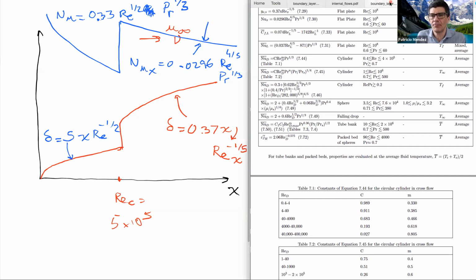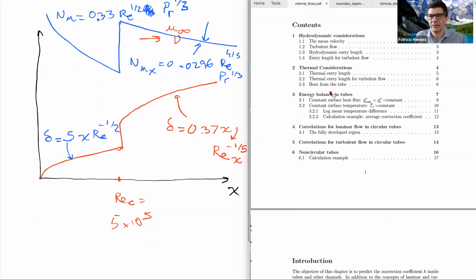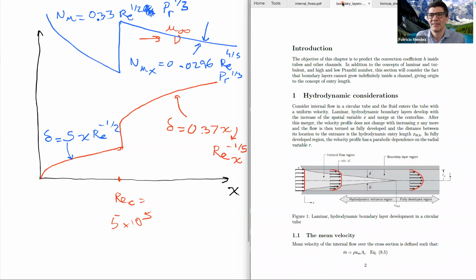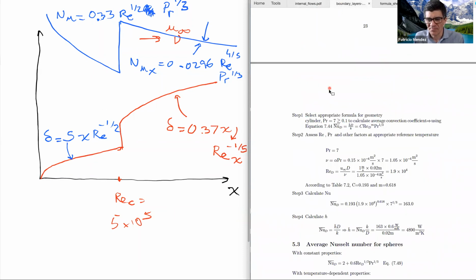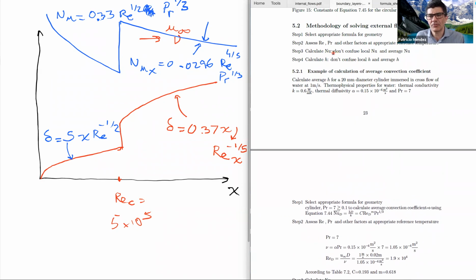And in step number 4, after we have calculated Nusselt, we calculate h. And then we can start applying h to whatever other problem we cared about. So you realize we are spending 3 weeks on a sub-problem, that is the calculation of h.